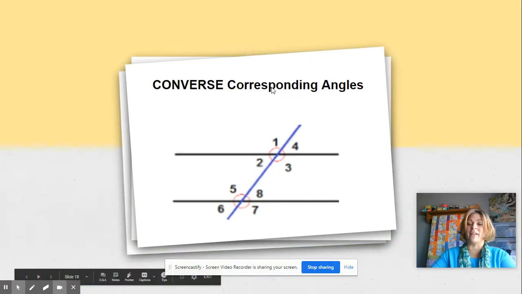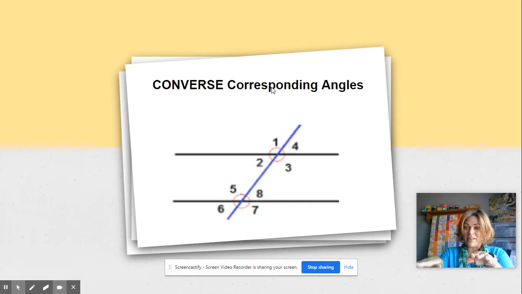Another converse, corresponding. If the lines are parallel, then corresponding angles are congruent. If corresponding angles are congruent, then the lines are parallel. So again, proving that they're parallel. So converse, corresponding. Angle 1 corresponds with 5. If I found out or was told that these are congruent, then I could say in a proof that the lines are parallel because of converse corresponding angles.